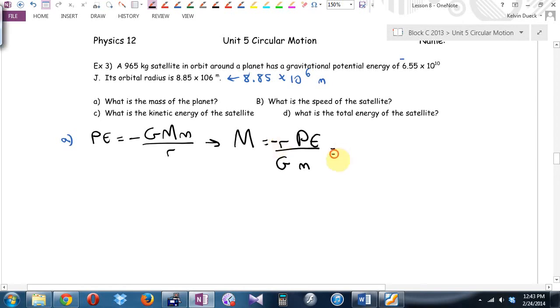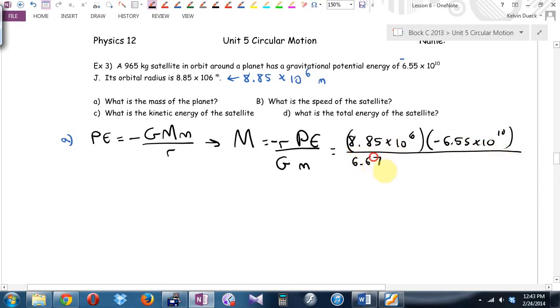It's going to be 8.85 times 10 to the 6th, times negative 6.55 times 10 to the 10th, all over 6.67 times 10 to the negative 11, times 965.